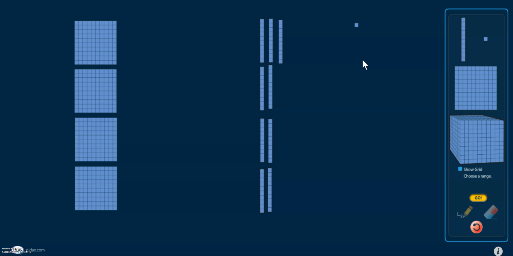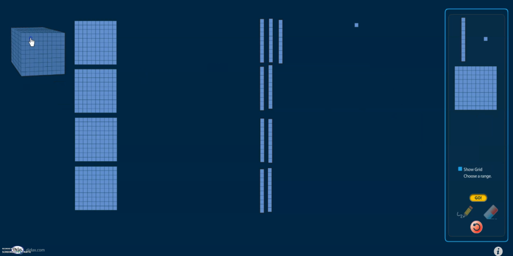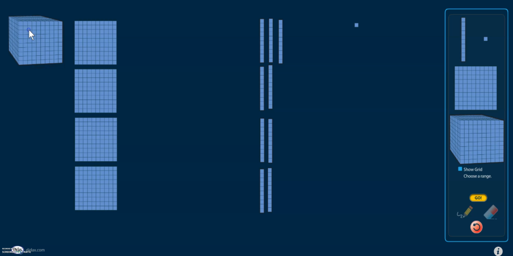So now we are going to add to it 1091. So we are going to add 1 of our thousands blocks to show 1000.